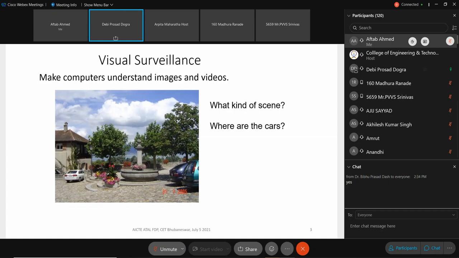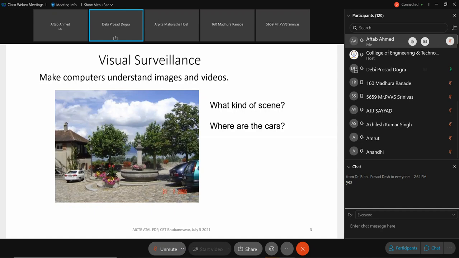So why am I talking about spatial relations? Whether the cars are within the building or outside the building, this is the spatial relation. So that decides what kind of scene it is, whether it is a parking lot or a car showroom. So that's why it is very important, not only the detection of the objects, but how they are related is also very important.